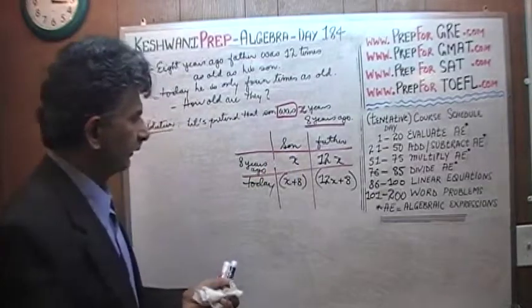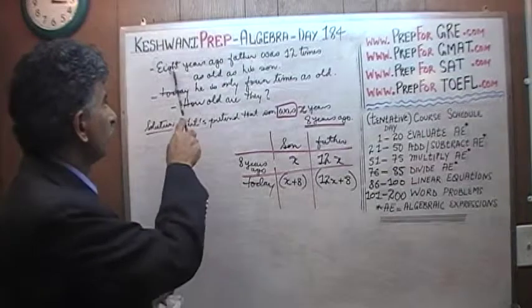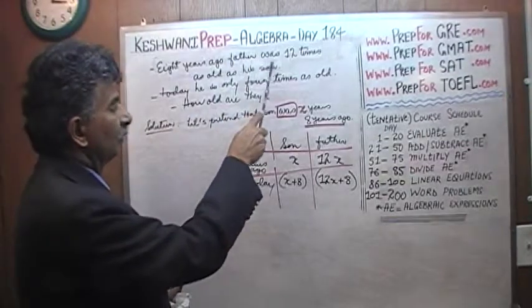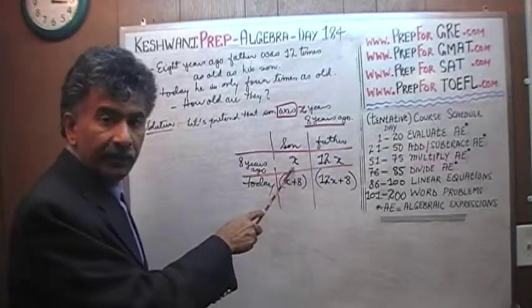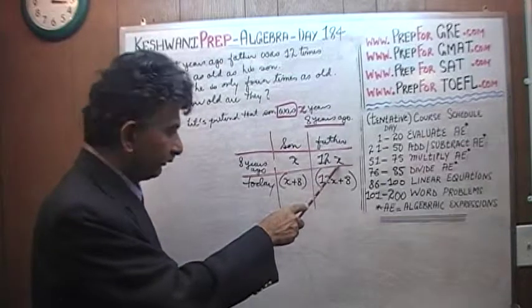If son was x years old 8 years ago, then at that point we are told that the father was 12 times as old. So if he's x years old, at that time the father must have been 12 times x, 12x.